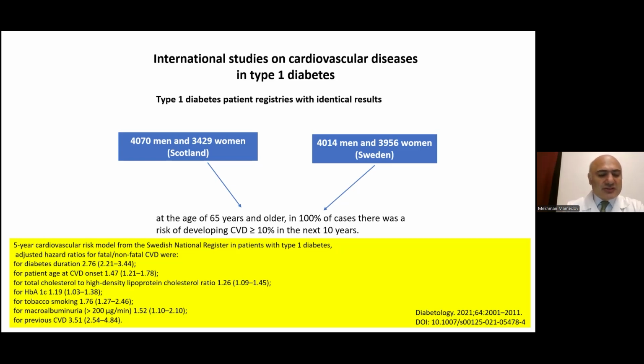For total cholesterol to high density lipoprotein cholesterol ratio, 1.26. For glycated hemoglobin, 1.19. For tobacco smoking, 1.76. For macroalbuminuria, 1.52. For previous cardiovascular diseases, 3.51.